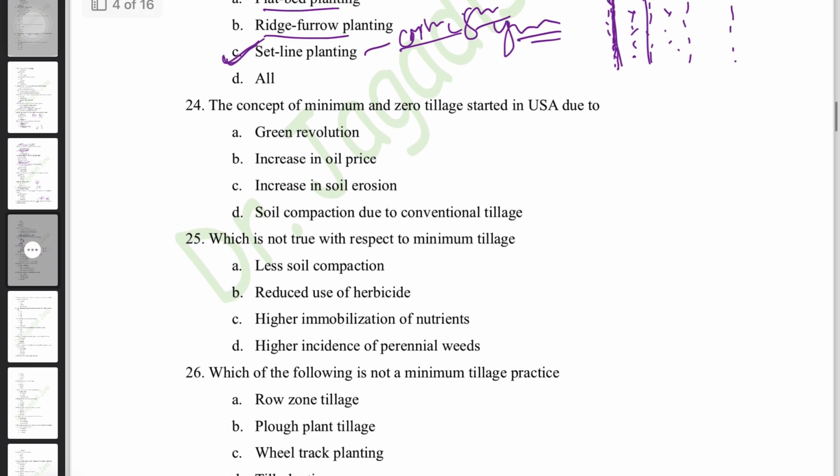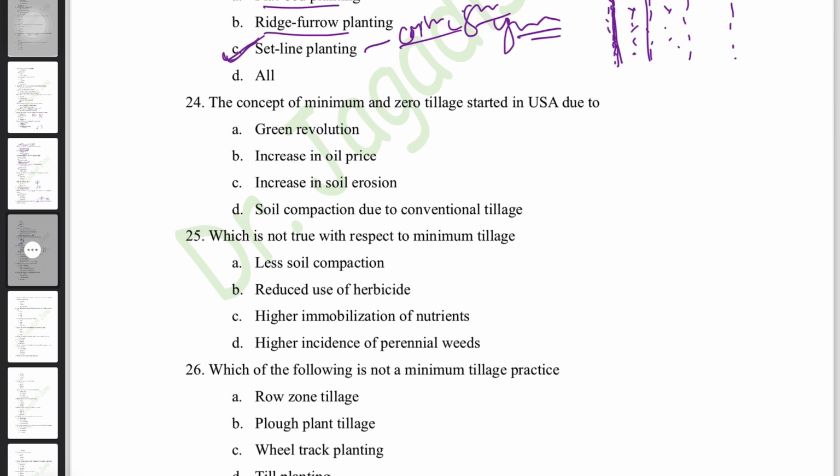Next, the concept of minimum and zero tillage started in USA mainly due to the increase in oil price. What happened in the 1970s was heavy use of tillage implements, and more intense tillage was practiced in USA.